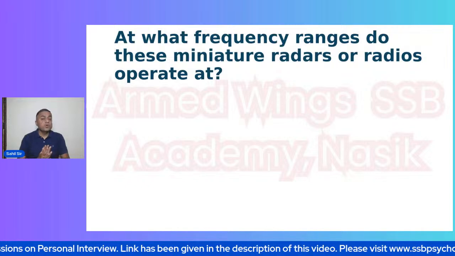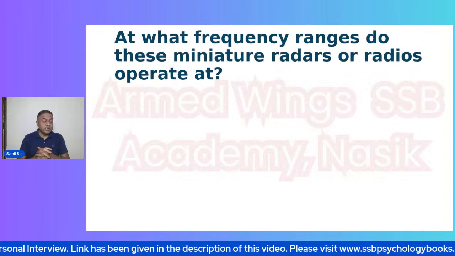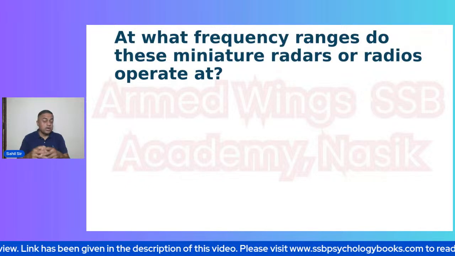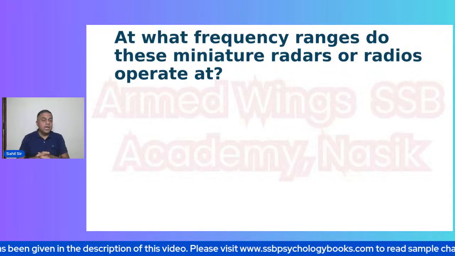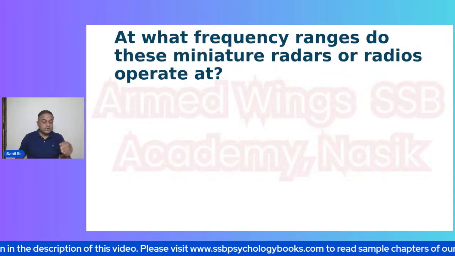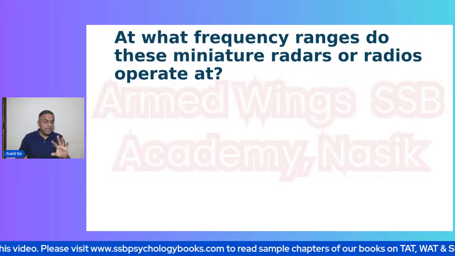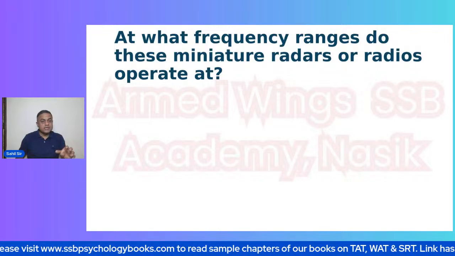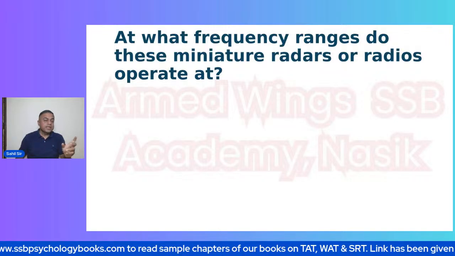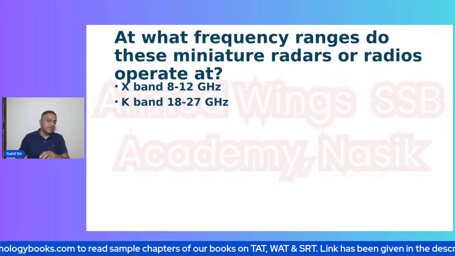Now, what is the frequency at which this miniature radar in the artillery shell operates? Generally, there are two bands at which it operates. One is the X band, that is between 8 to 12 gigahertz, and one is the K band, that is between 18 to 27 gigahertz.